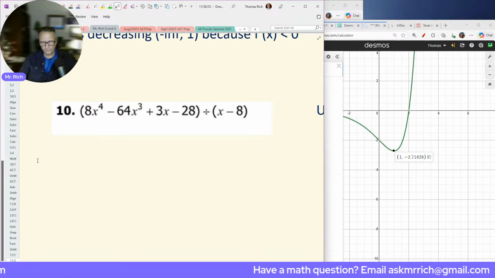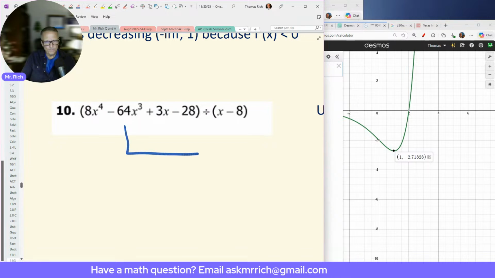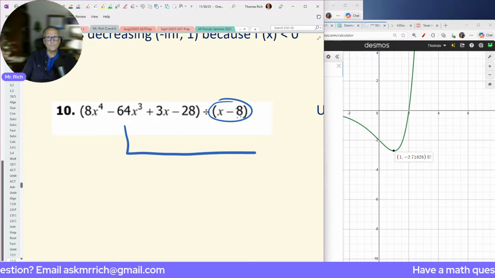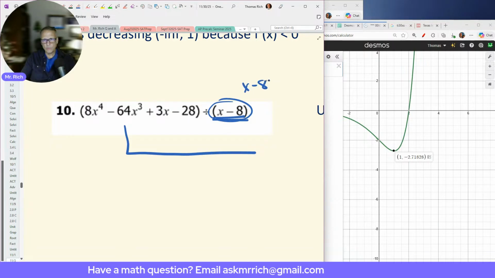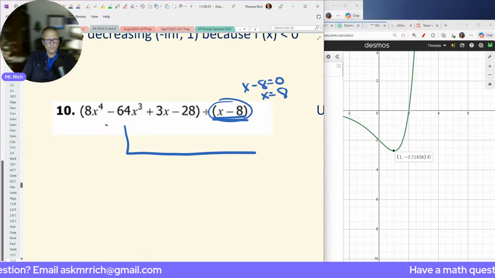So if we're going to do synthetic division, what we're going to do is divide by the 0 of this binomial. Since this is our divisor, we're dividing by x minus 8. If you set that equal to 0, you get an 8. So we are going to be dividing by 8.